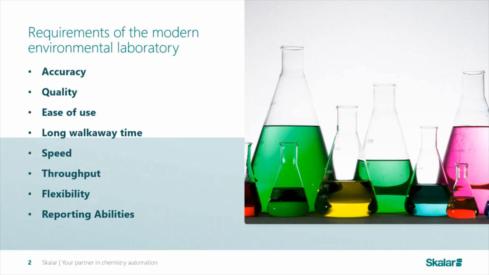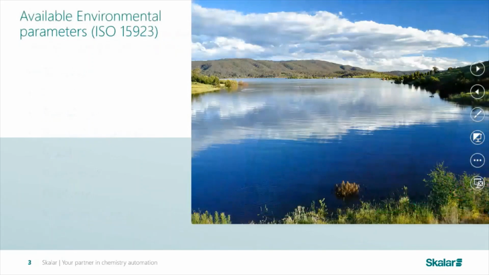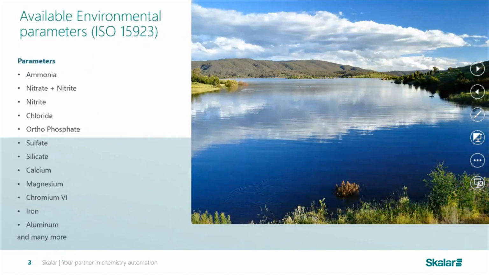I think at this stage, it's also useful to give some examples of the typical parameters analyzed in the environmental sector. And while this list is not exhaustive in any sense, I've selected the most commonly requested parameters, which are of course nutrients, as you see, ammonia, phosphate, some other nitrogen species. But what we also see now, we're being asked to supply more and more analyzers with methods for certain metal analyses.